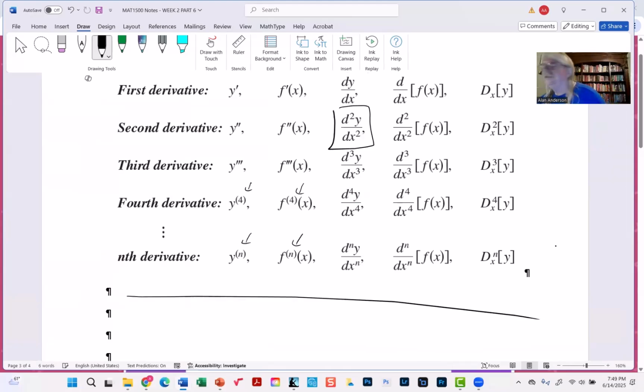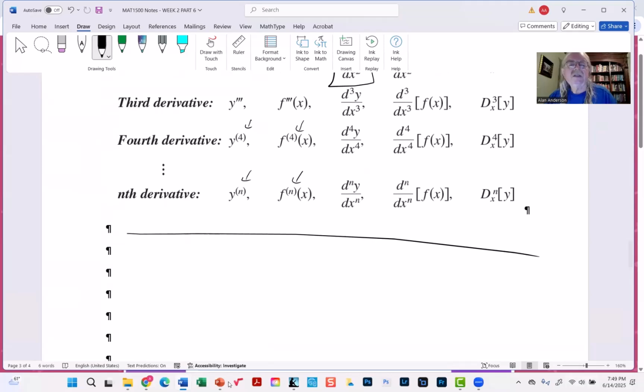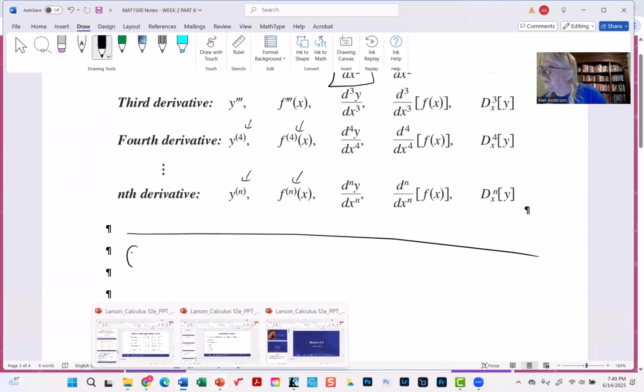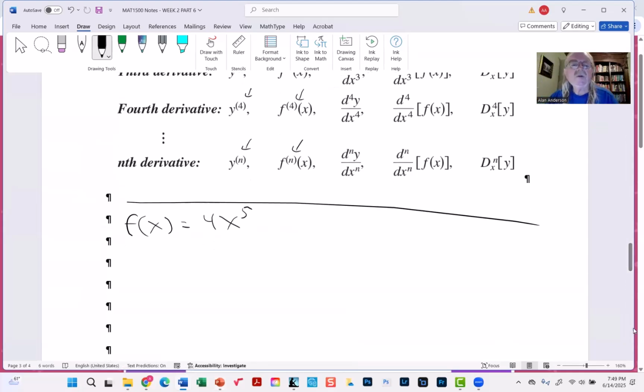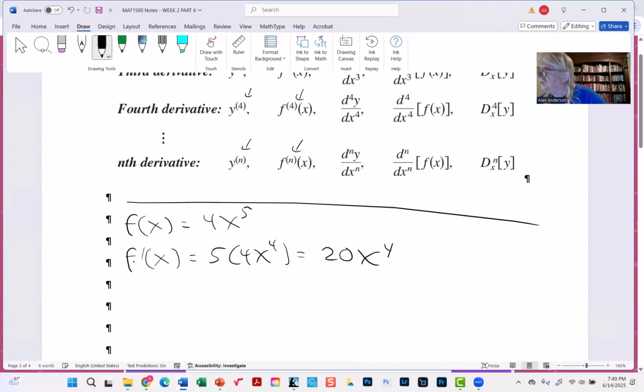Okay, so now I'd like to show you a couple of simple examples of this. If f of x, for example, is 4x to the fifth, based on the power rule, f prime of x will be 5 times 4x to the fourth, 20x to the fourth.